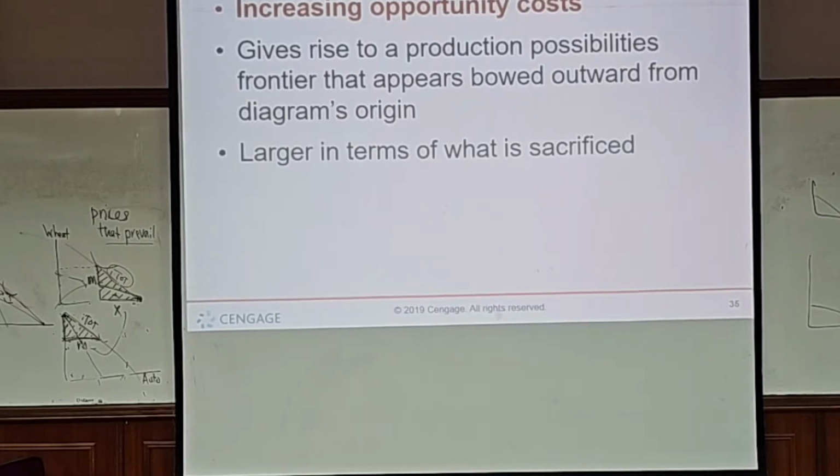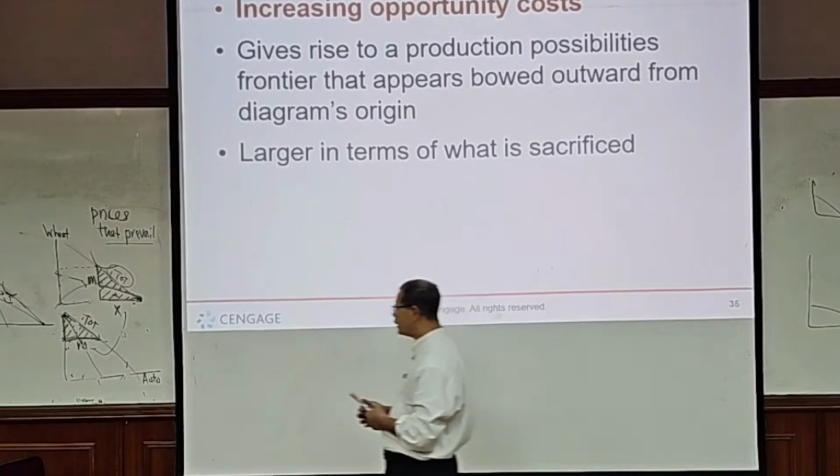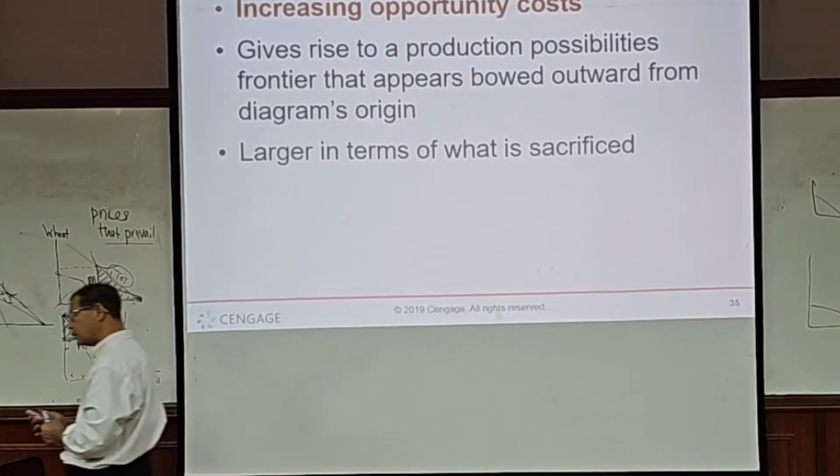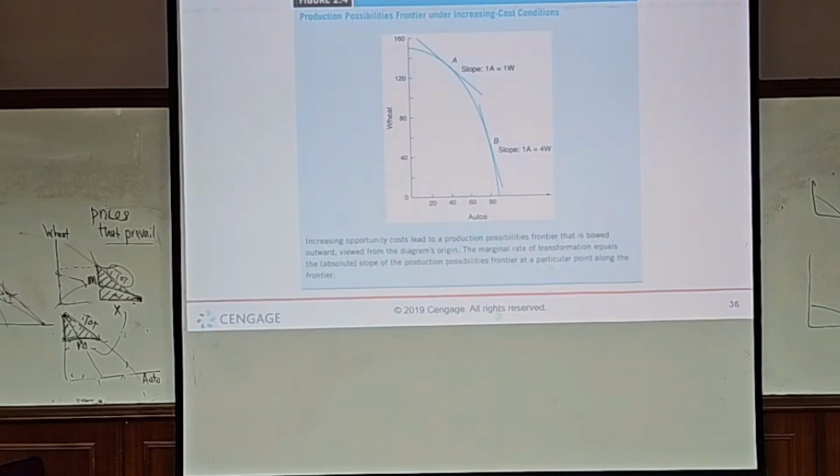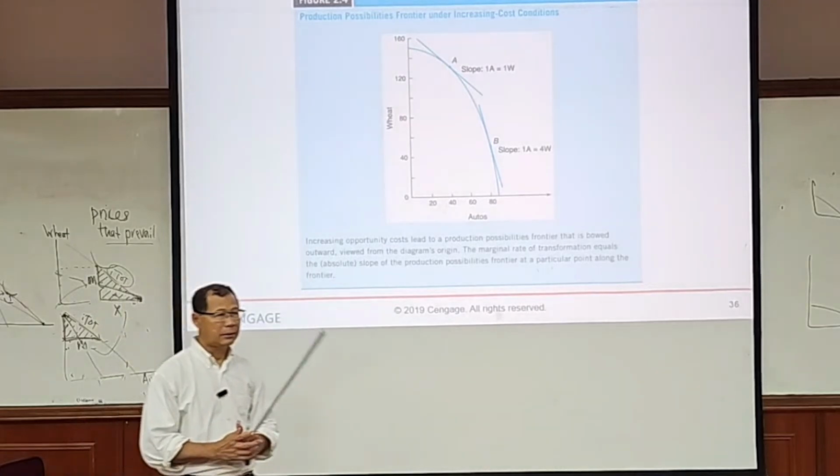The factor is two factors, a frontier that appears bowed out, capital and labor. Why increasing cost? Not the previous weeks. Larger in terms of what is sacrificed. This is larger sacrifice. Look here.